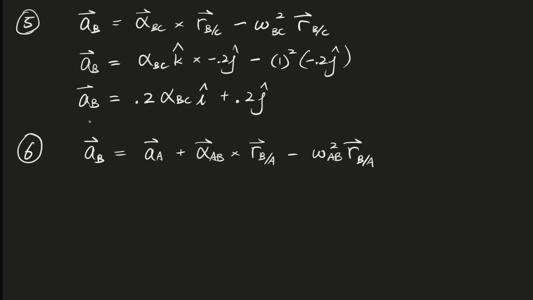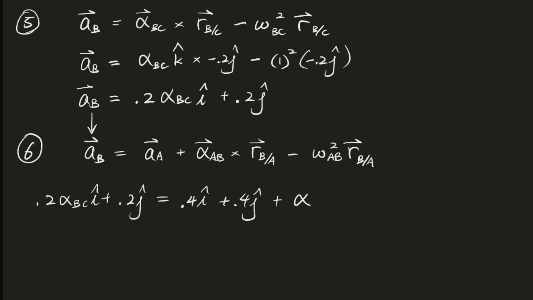Okay, we know the left-hand side because we just found that in step 5. So I will write 0.2 alpha BC in the I direction plus 0.2 in the j direction. That's equal to what I found in step 4, which is AA. That is 0.4 in the I direction plus 0.4 in the j direction plus an unknown alpha again.